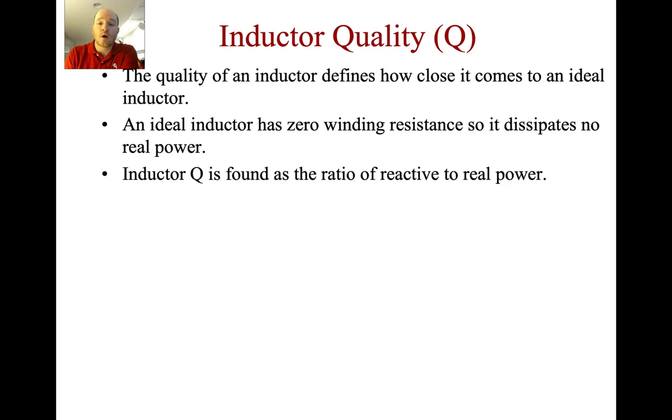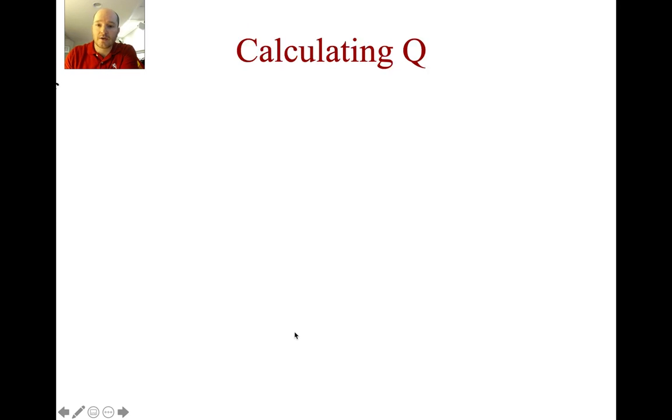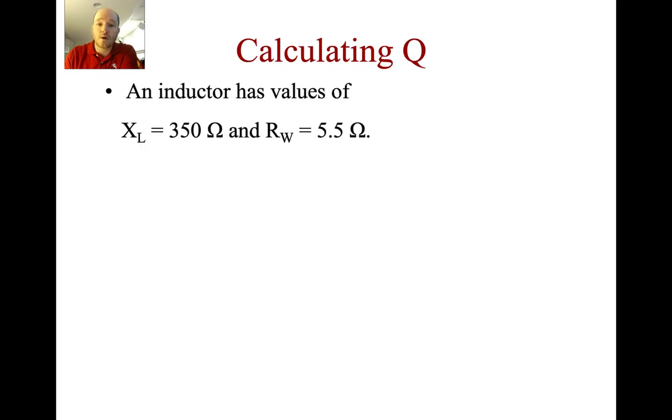The inductor Q can be found using the reactance to real power, which is a little confusing at this point, or we can just do it how we're going to do it in lab. We have the X of L and the winding resistance, and this will tell you your Q value. Here's an example. Let's say we have an X of L of an inductor at 350, divided by 5.5.